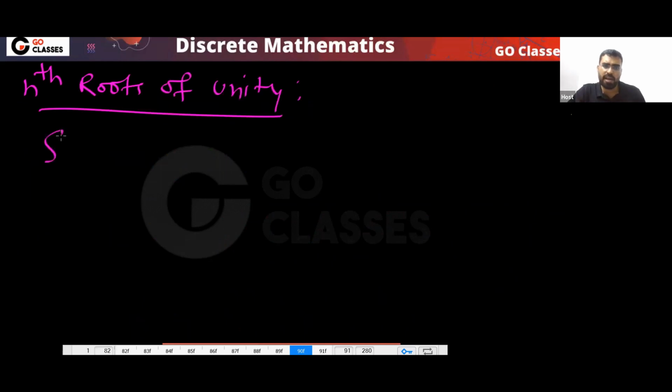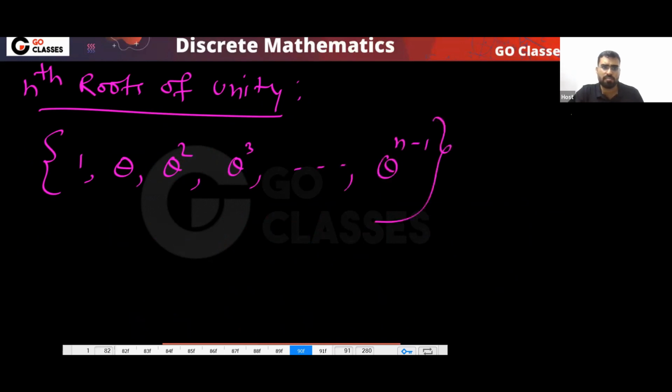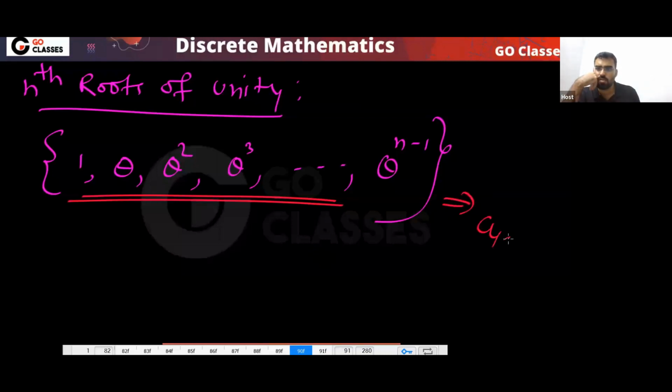Now you can notice how nth roots of unity look. I told you it looks like this: 1, theta square, theta power 3, and so on, theta power n minus 1. So can you notice this is a cyclic group? This is the structure of a cyclic group, yes or no? So this is your cyclic group. And what is the identity? What is the generator?